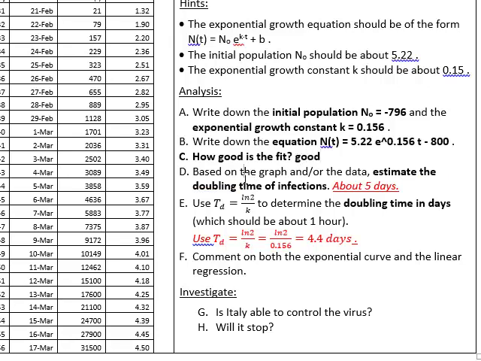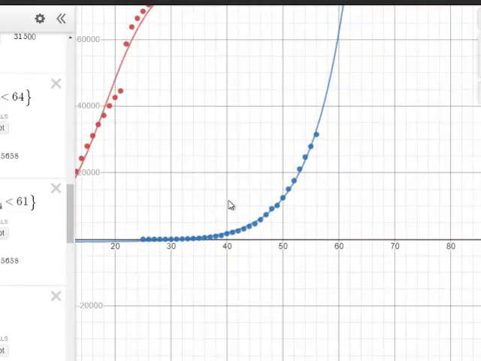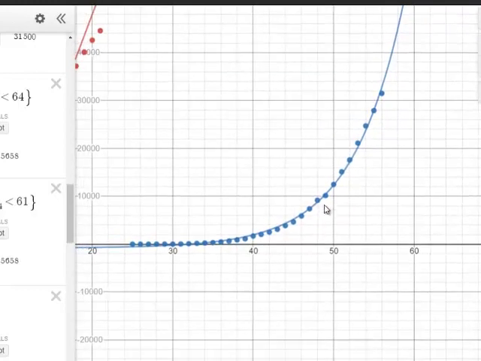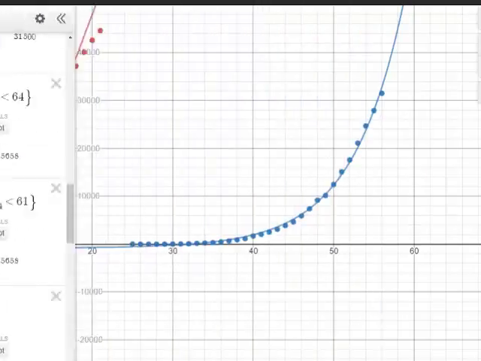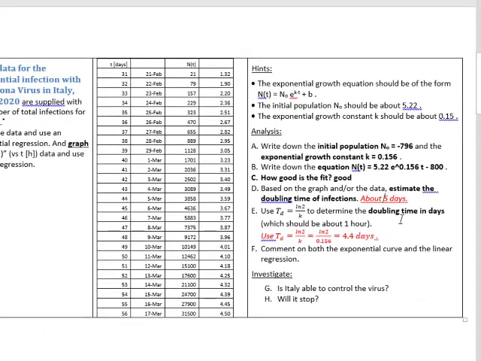Based on a graph, estimate the doubling time of infection, so I'm going to look at that again. Let's see, I'm going to zoom in. So here, for example, we have 10,000 after 49 days, and we have 29,000 after 53 days. So that is approximately 4 days. Yep, about 4 days looking at the graph.